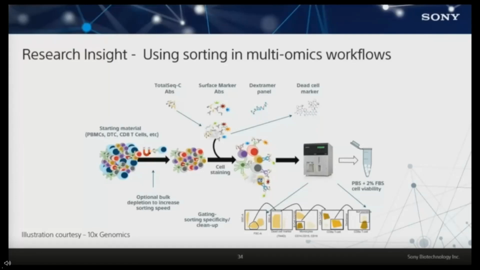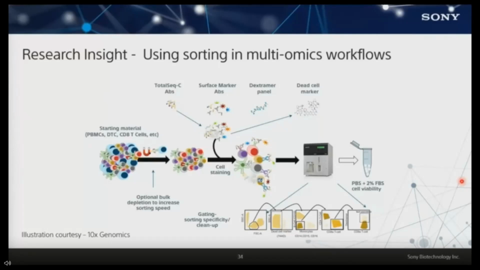But anyhow, needless to say, you get your cells, you create a single cell suspension. You then apply a variety of TotalSeq antibodies for gene expression profiling, surface marker antibodies to identify and sort those target cells, and a dextramer panel for VDJ profiling.